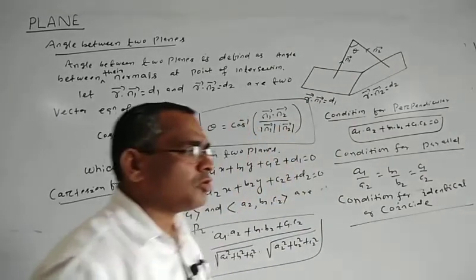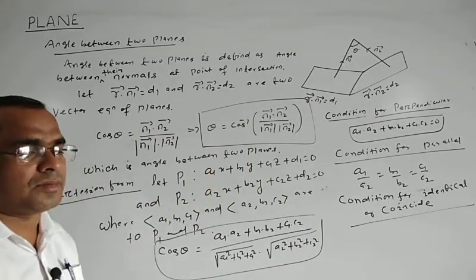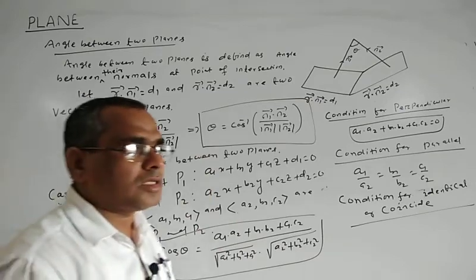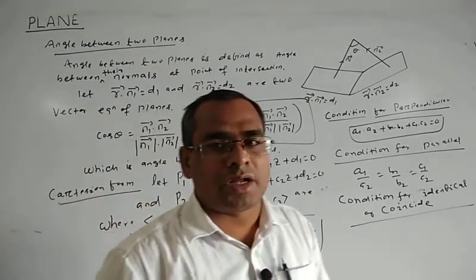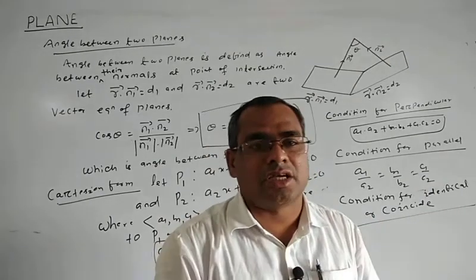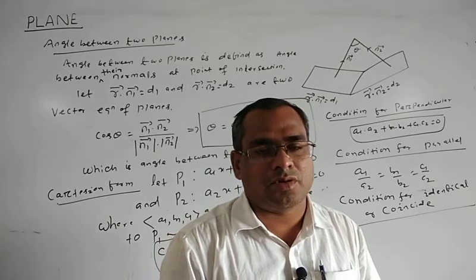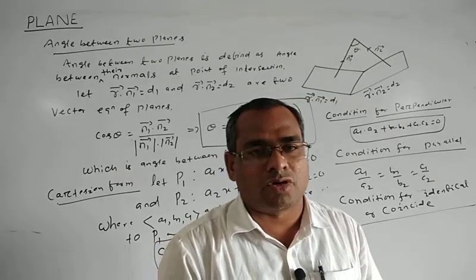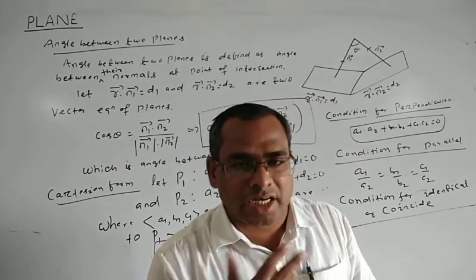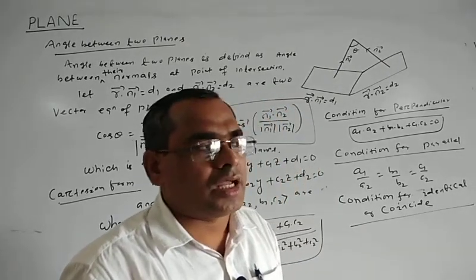So when we say two planes coincide, it means they have the same x intercept, y intercept and z intercept. Then we say obviously the two planes are identical.